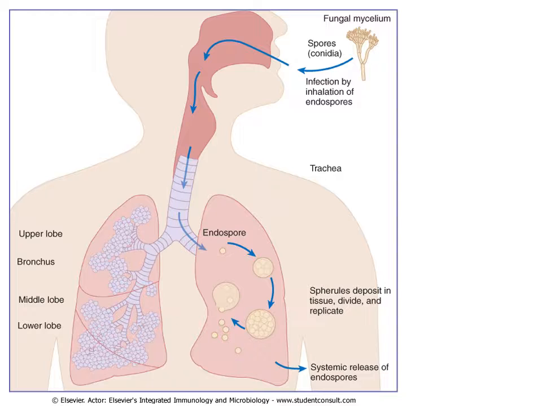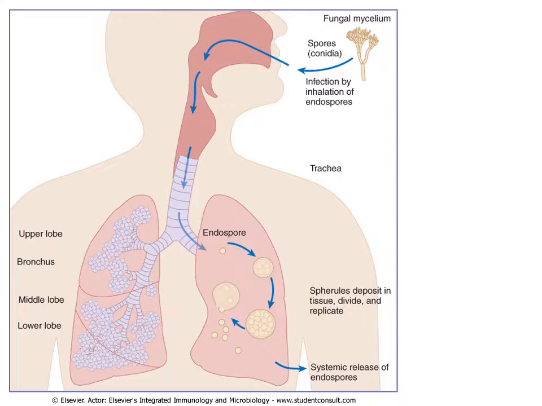Now, you can see from here, as we discussed earlier, conidia. These are those small particles we call spores, and this is a typical fungal mycelium, and in this case, infection is occurring by you inhaling endospores. So endospores will go into your system, and you can see that they will reside in different parts of the lung, depending upon which part of the lungs they reside in.